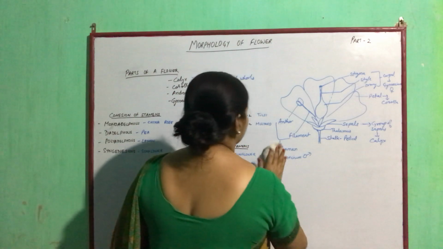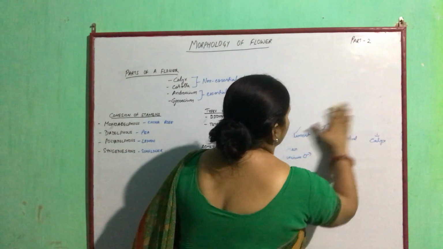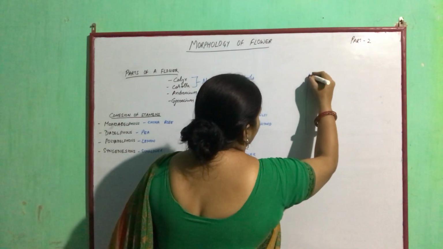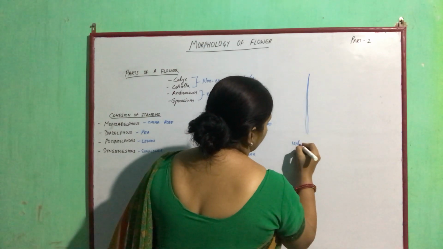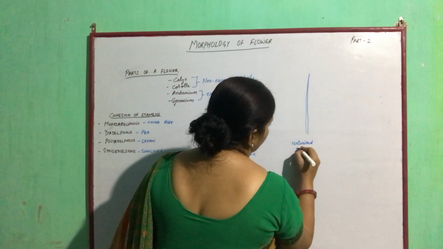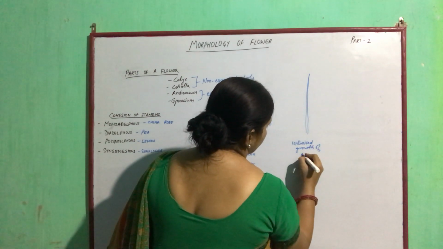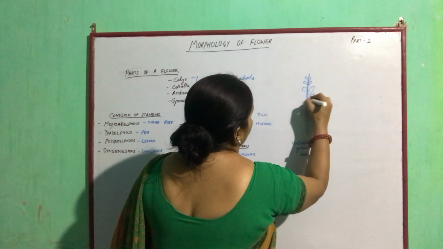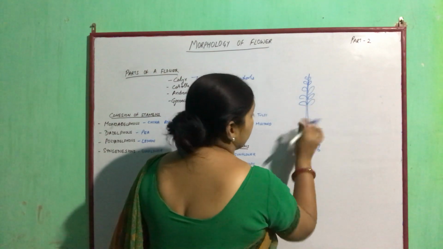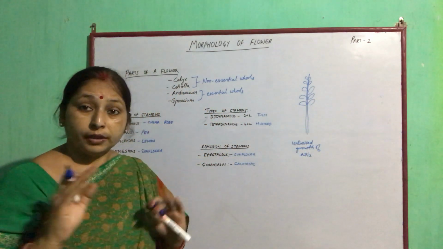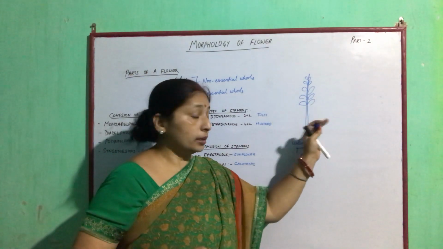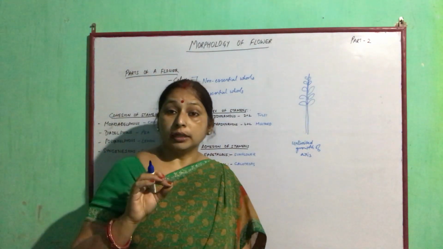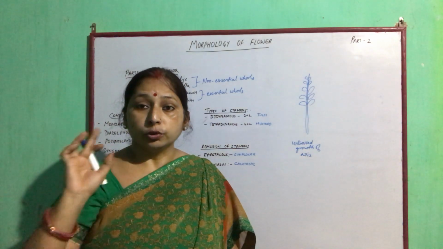I am rubbing this part. If the growth of the axis is unlimited, and the flowers are arranged like this on the axis, there are different varieties or structures in this type of inflorescence, but the basic thing you have to take care of is the unlimited growth of the main axis.